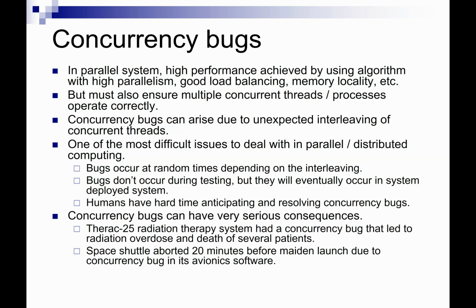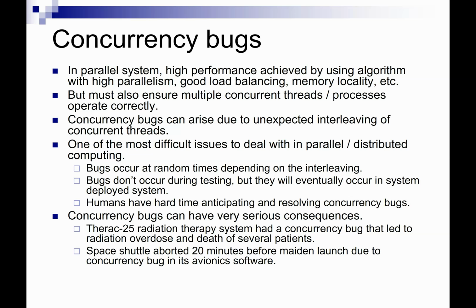Before that, I just want to mention that this is not just a hypothetical problem. These bugs have actually occurred in practice and have had serious consequences. For example, there was a machine which output radiation to treat cancer patients called Therac-25, and this one had a concurrency bug, which led to the device outputting too much radiation, and this actually killed several patients.